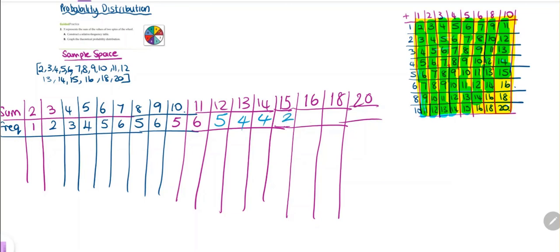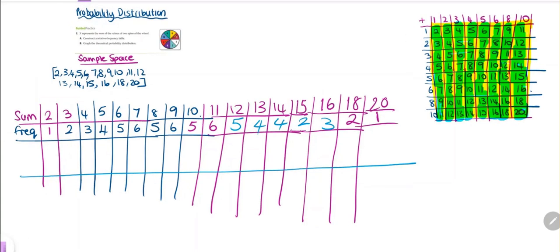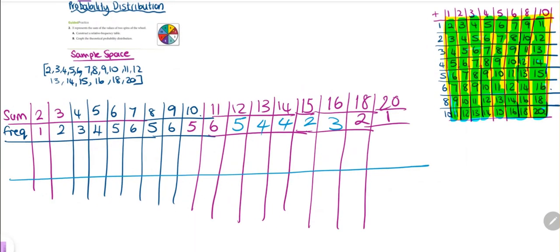For 16, there's 1, 2, 3. For 18, 1, 2. And 20 is 1. This here, what we need now in this column is to write our relative frequency.